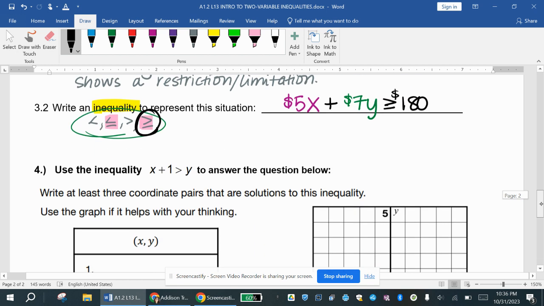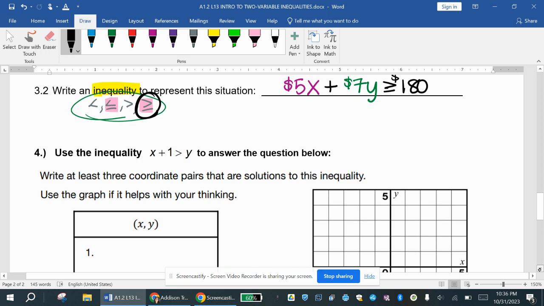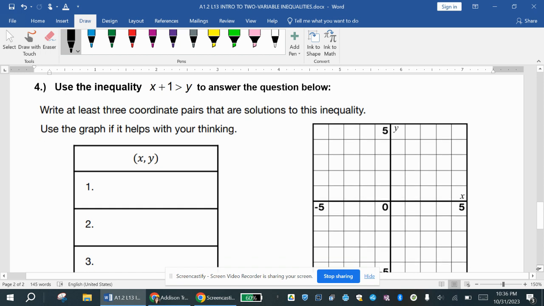Okay, go ahead and read this next problem. Think about if you know what it is asking. All right, so we're dealing with this inequality.